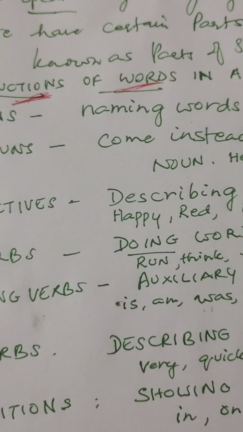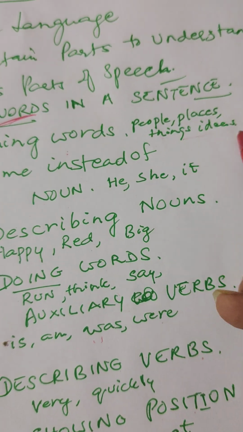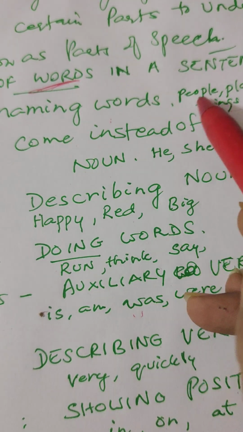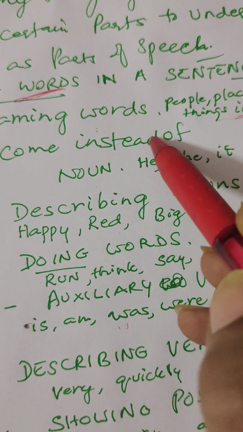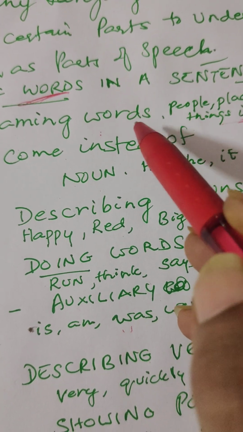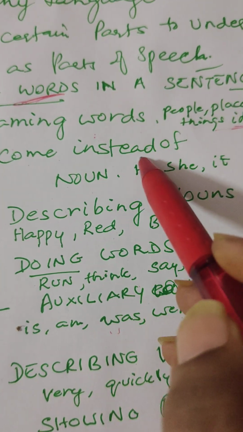Once again, nouns are naming words: people, places, animals, things, ideas, whatever. So you can talk about, say, girl, boy, places. You can talk about, say, Delhi, London, Toronto. Pronouns come instead of a noun.